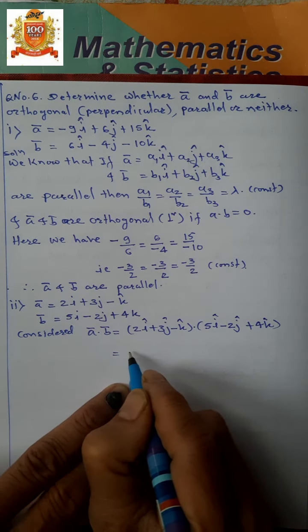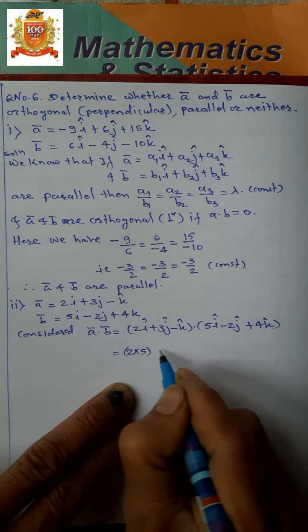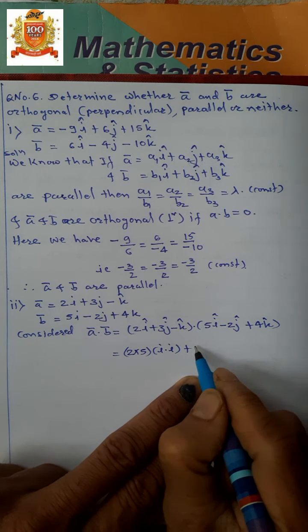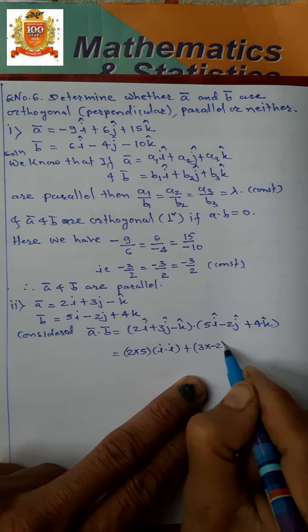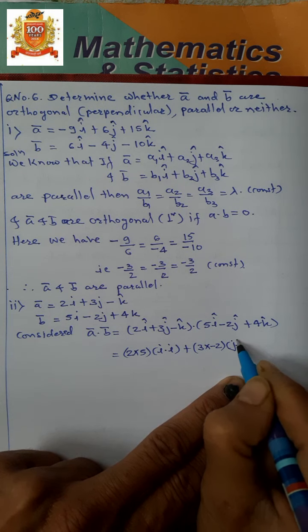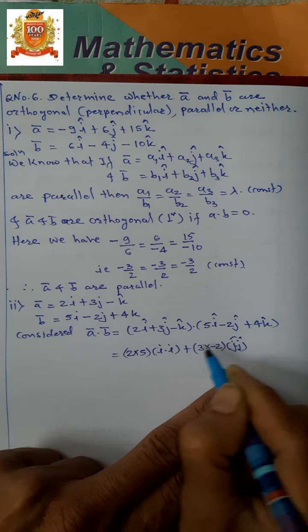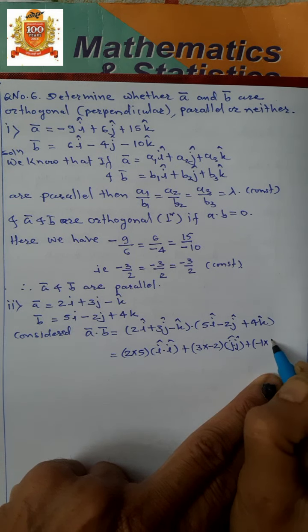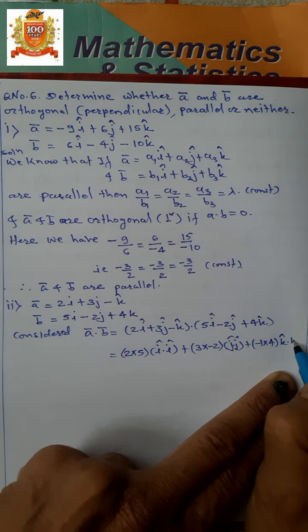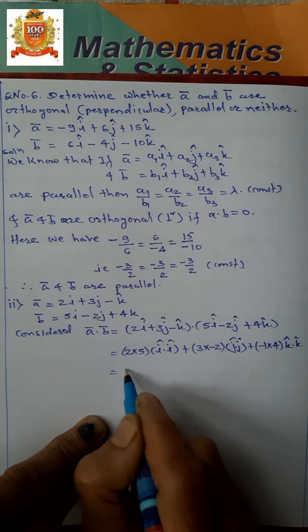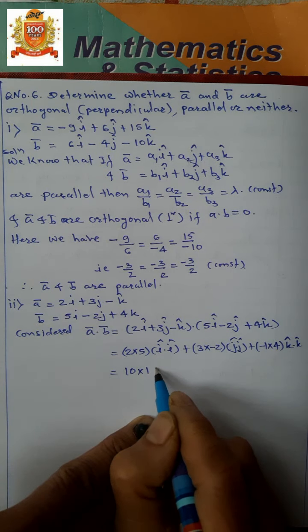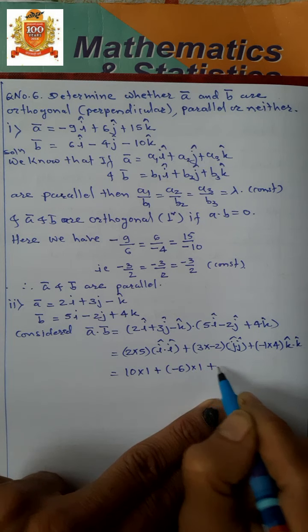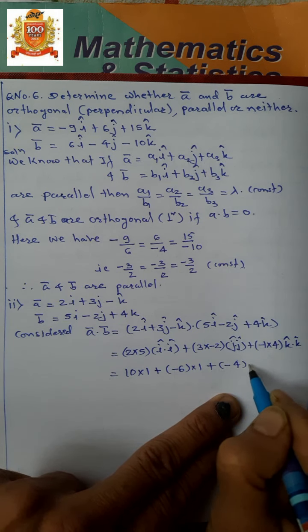That is equal to 2 into 5 i dot i plus 3 into minus 2 j dot j plus minus 1 into 4 k dot k, which is equal to 10 into 1 plus minus 6 into 1 plus minus 4 into 1.